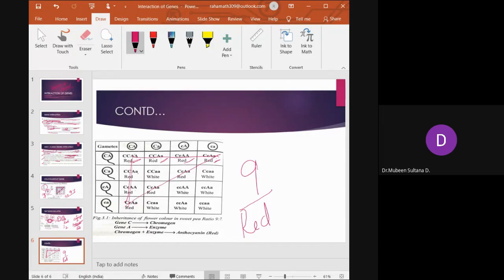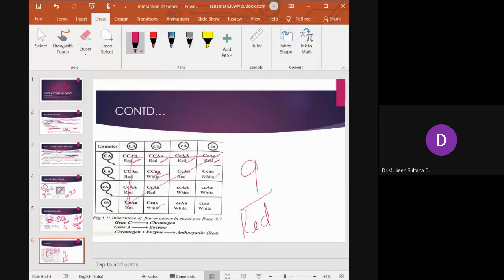Now what about the white flowers? You have the dominant gene for chromogen, but the dominant gene for anthocyanin, which will allow this chromogen factor to bring the red color, is absent. You do not have anthocyanin here, so obviously it's a white flower. No anthocyanin, white flower.